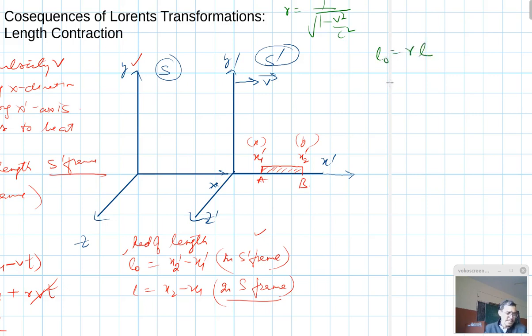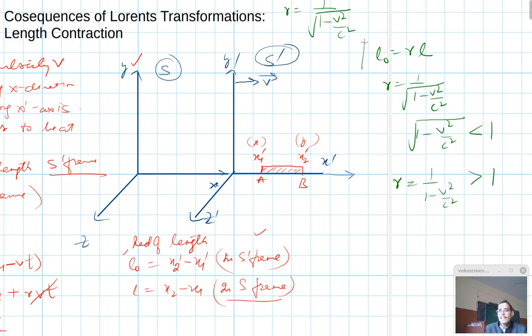But as I know, gamma is equal to 1 over the square root of 1 minus v square by c square, and the square root of 1 minus v square by c square is always less than 1. That means gamma is always greater than 1.